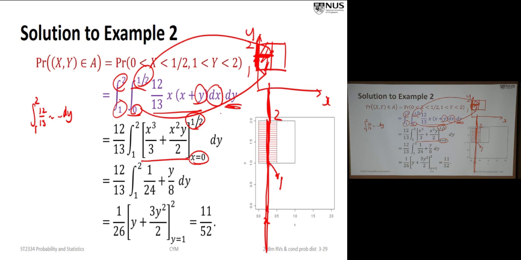Then it's only this part with a non-zero density for x, so integrate x from 0 to 0.5. This is x times (x + y). This is another way to do it, and you should get the same answer.